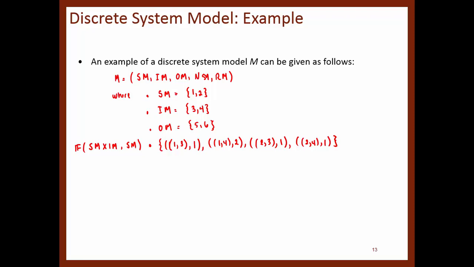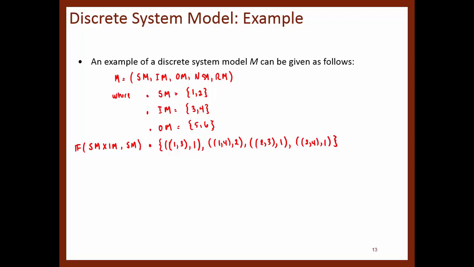So what this is saying is, if you are in state 1 and you receive an input 3, then you're going to stay in state 1. The second one says that if you're in state 1 and you receive an input of type 4, then you're going to transition to state 2. The third one says if you are in state 2 and you receive an input of type 3, then you're going to transition to state 1.